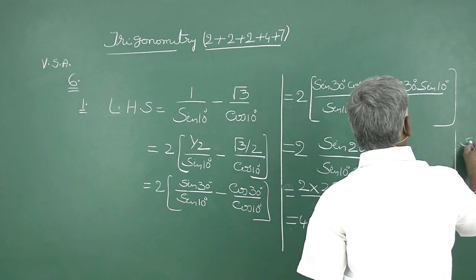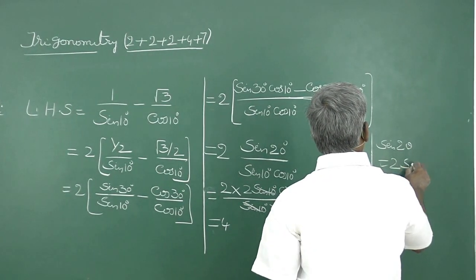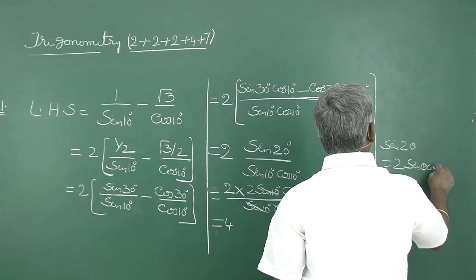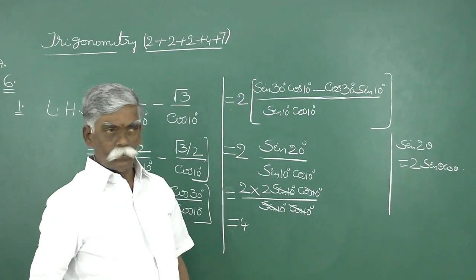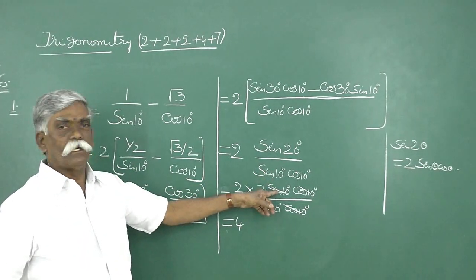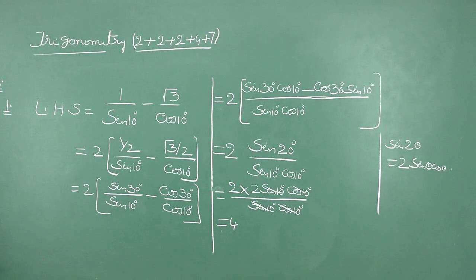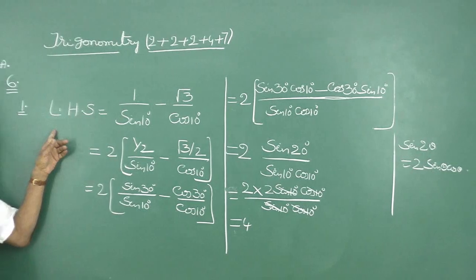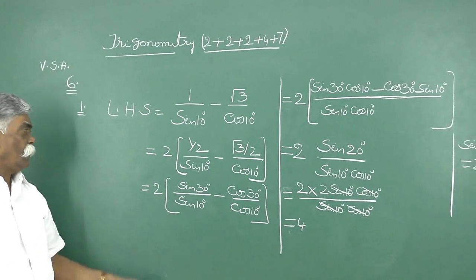Here sin 2 theta is equal to 2 sin theta cos theta. According to that, sin 20 can be written as 2 sin 10 into cos 10. So the given problem for which the LHS is 1 by sin 10 minus root 3 by cos 10.